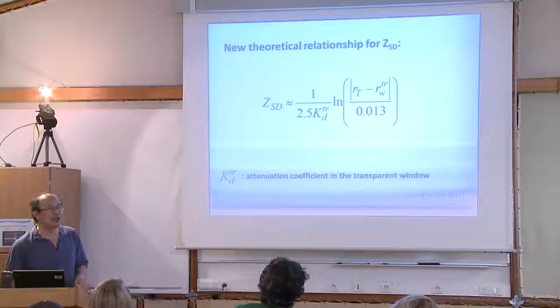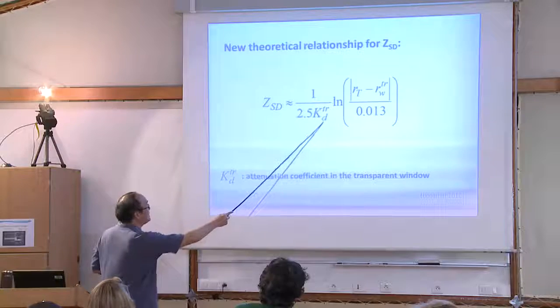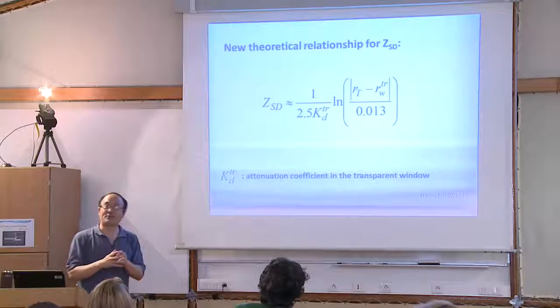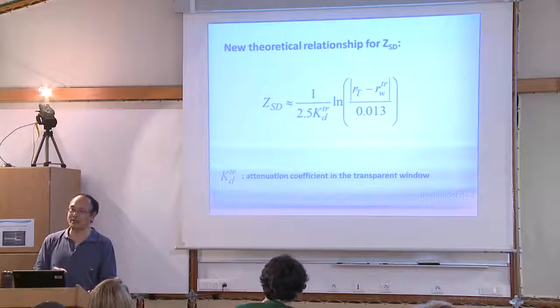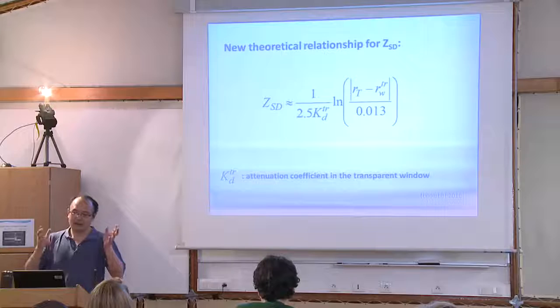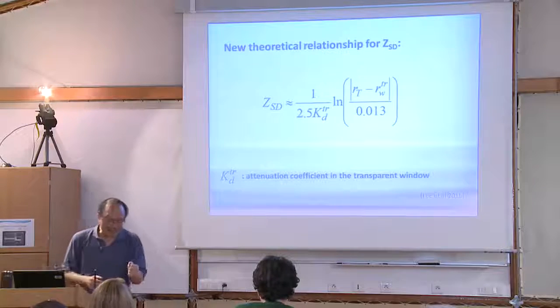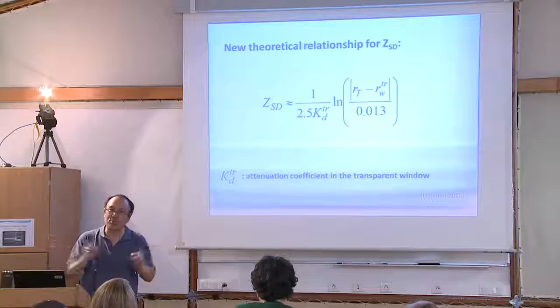So we came up with a new formula for Secchi depths. This has KD, but this KD is not a KD of the broadband. It's a KD at a transparent window. What does that mean? When you put a Secchi disk in water, we are not using the broadband to look at the Secchi disk.